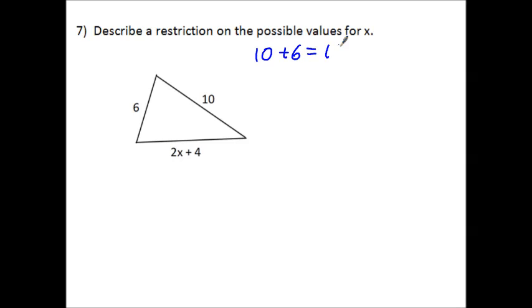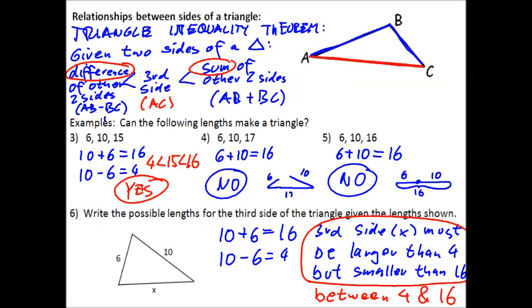10 plus 6 is equal to 16. 10 minus 6 is equal to 4. But now we have to do a little bit of algebra to find the final answer and the final value for x. Let's look back at our previous example where we determined that x had to be between 4 and 16.